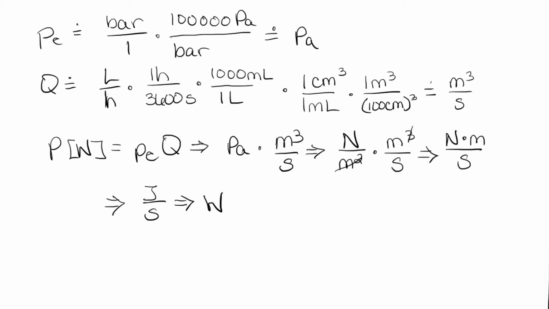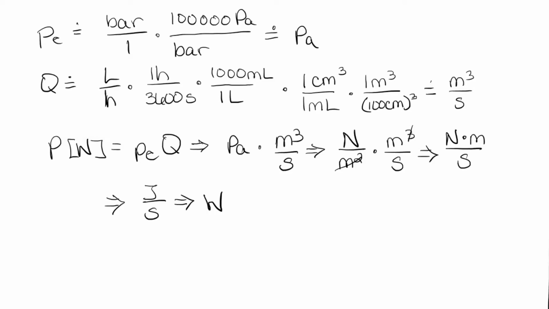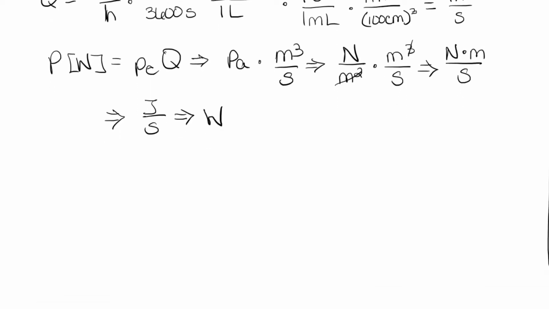Now, to show some of my unit conversions, my first measurement of volumetric flow rate at 24 volts, Q equaled 400 liters per hour.